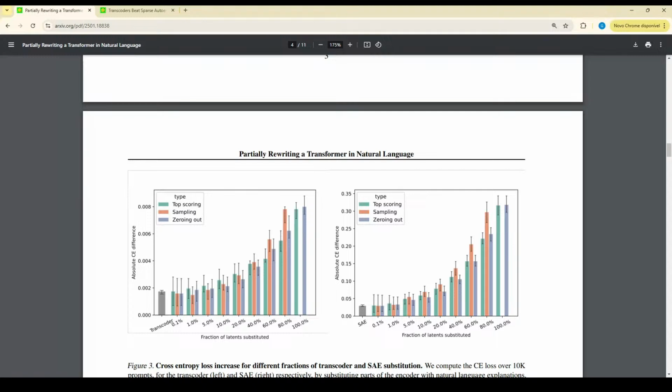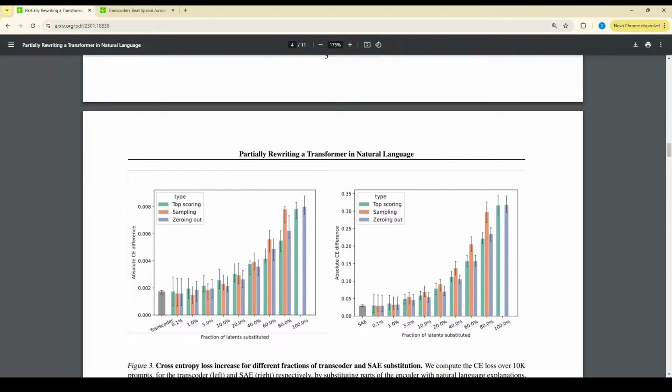So you can't compare them side by side. That's why when you zero out the SAE, the 100% on the right plot is much higher than the 100% on the left plot, because it's much worse to zero out the residual stream than it is to zero out a single MLP.